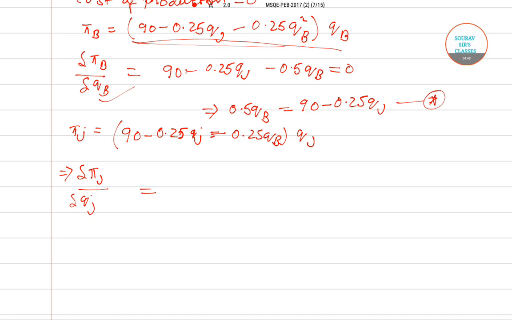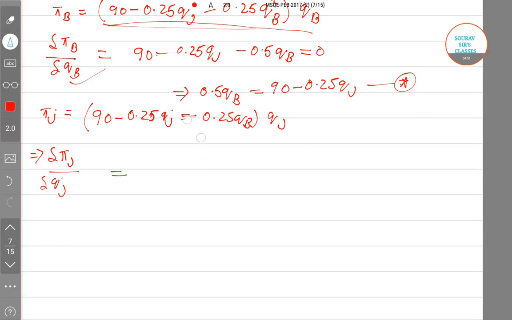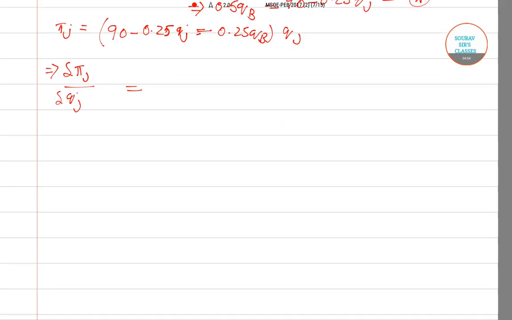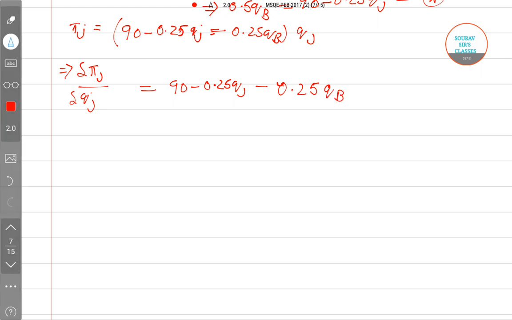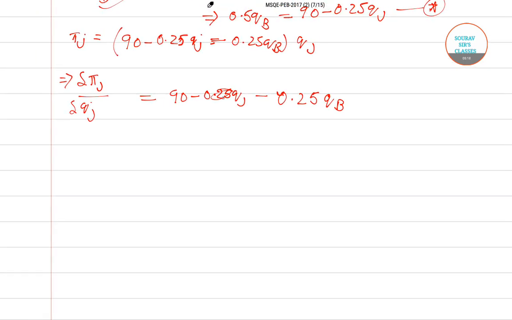If you differentiate this, you will get 90 minus 0.25QB minus 0.5QJ, which we would equate with 0.